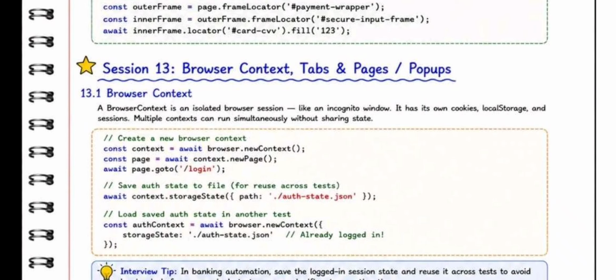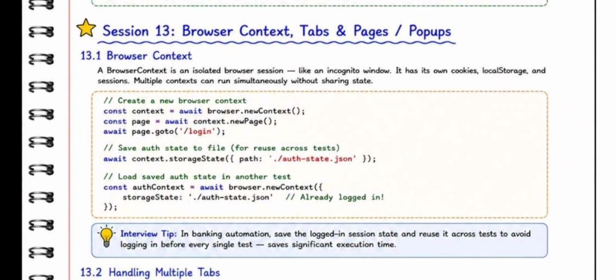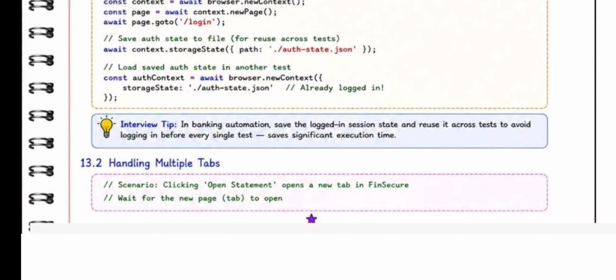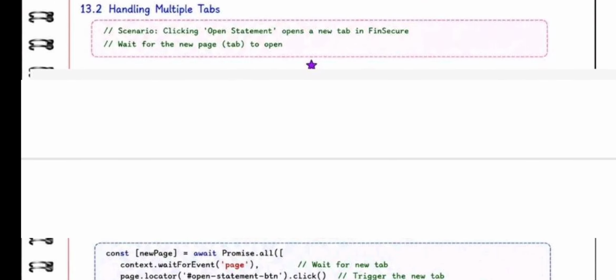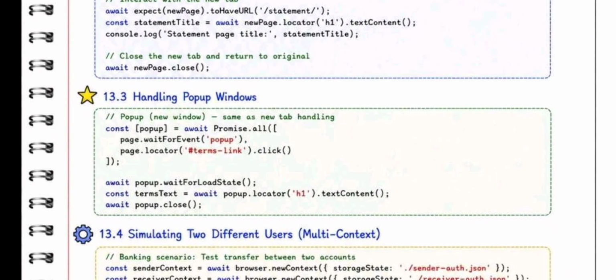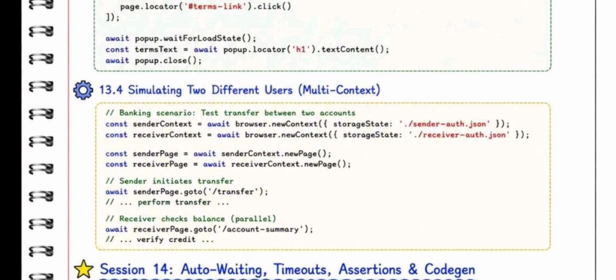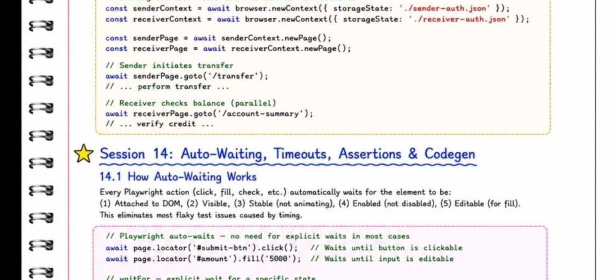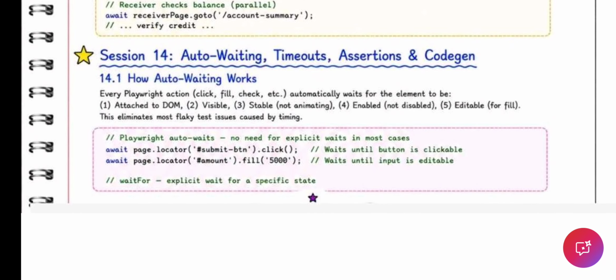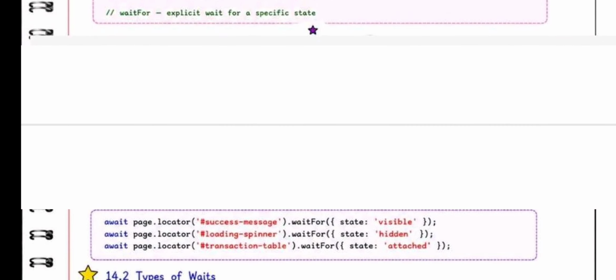And the nested frames. And then we have talked about handling of browser contexts, tabs and pages or pop-ups. We have talked about the auto waiting mechanism, timeouts, assertions and codegen.